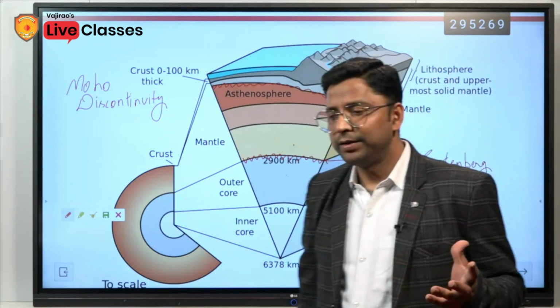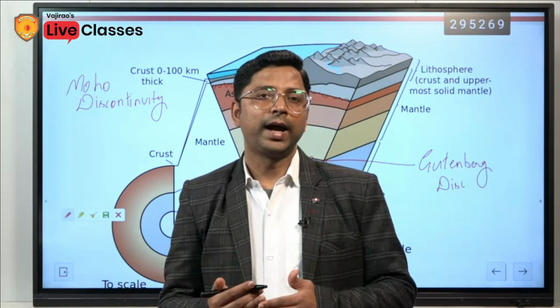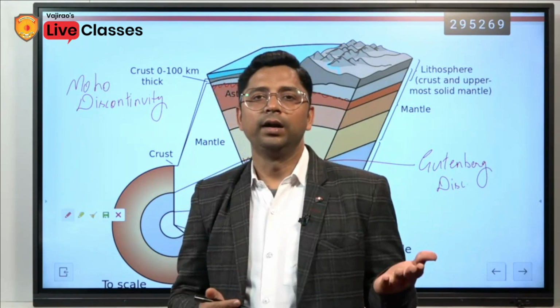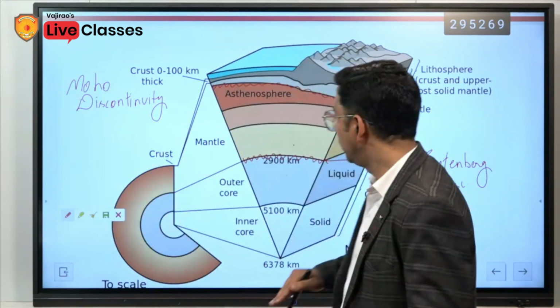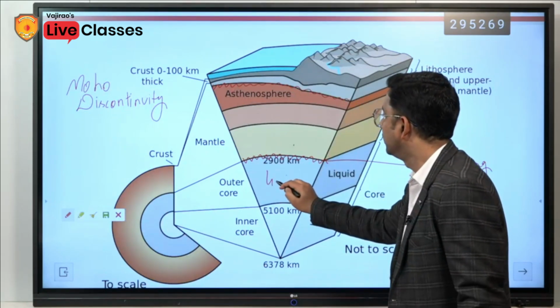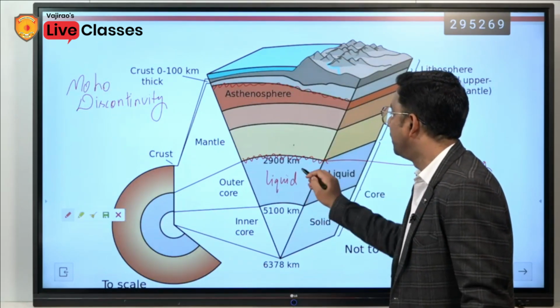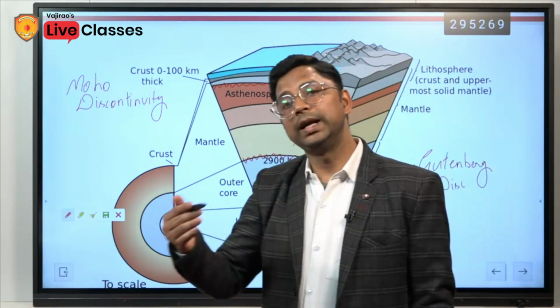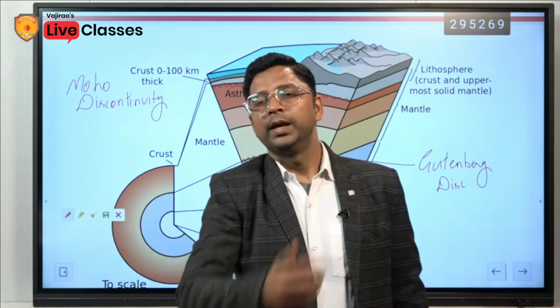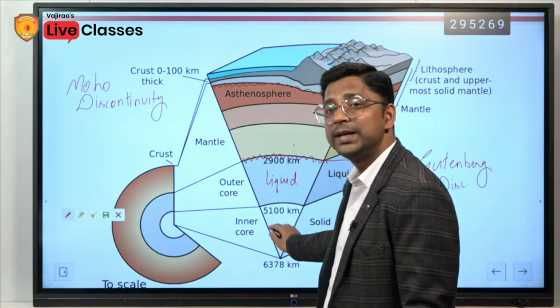Now later on the scholars opined that the core is also divided into outer core and inner core. The outer core is liquid. But because the speed of P waves started increasing in the inner core, that means it is solid.